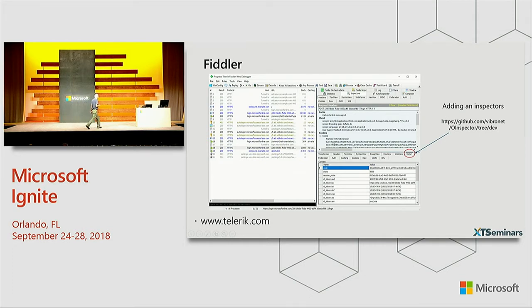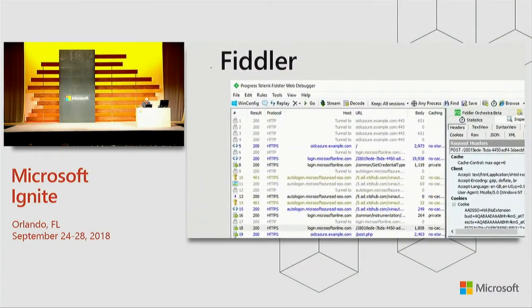Actually, let me just zoom that, because I think it's probably a bit difficult to see from the back. So what we've got is each of these is an HTTP session. So we hit OIDC Azure, and we come back, so we've got a request and a response going on.